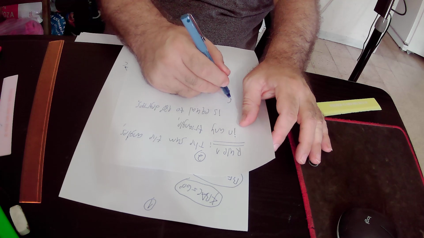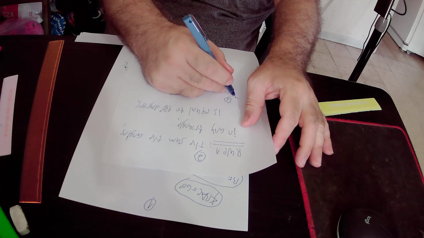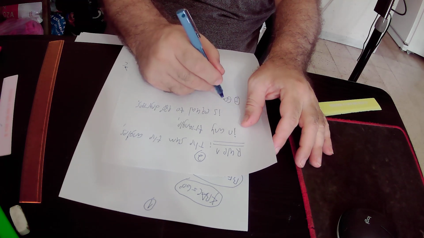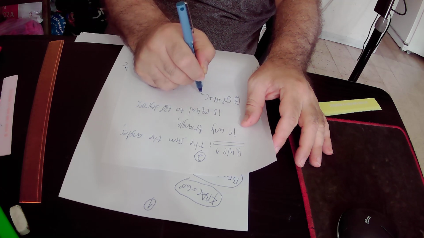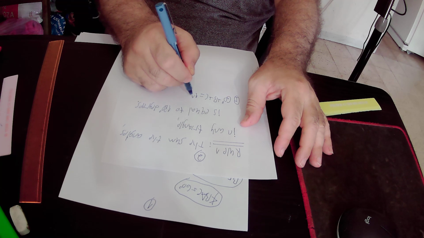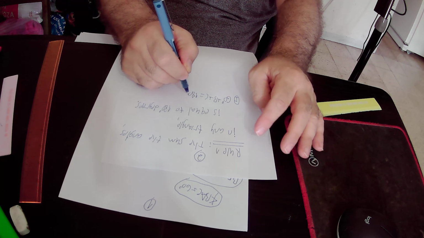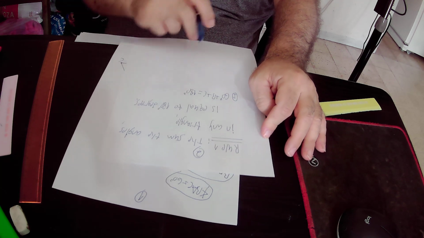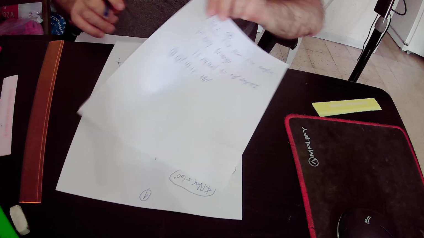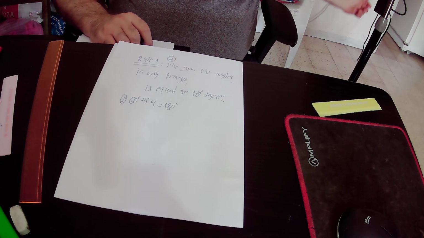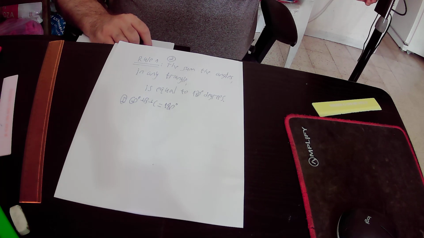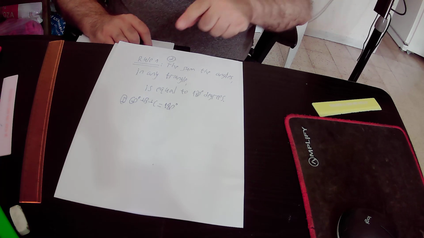So 60 degrees plus angle B plus angle C must be equal to 180 degrees, and that will be equation number 1.